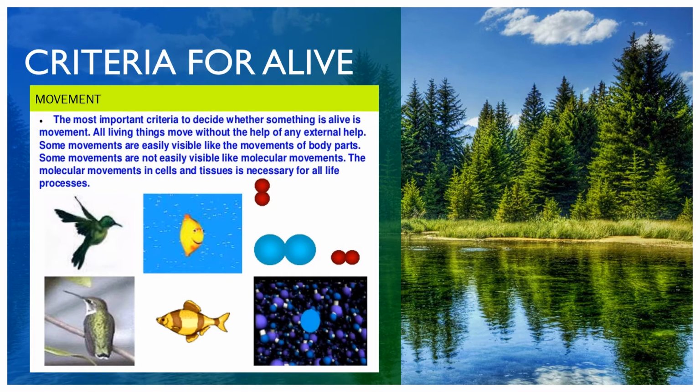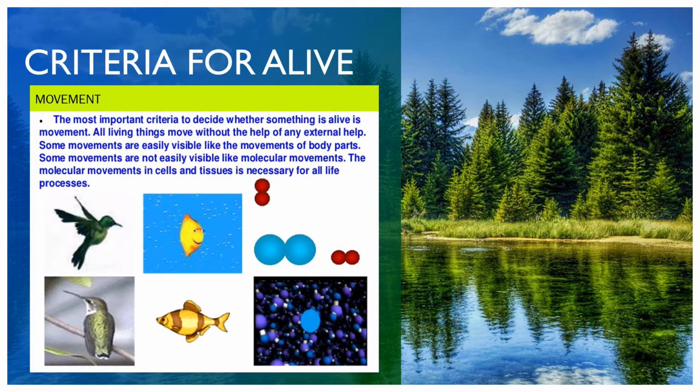Now, the movements in cells and tissues are necessary for all life processes. Here in the picture, a bird is flying. That is a movement, but that is a visible movement. A bird is there, a fish is there, and whenever these organisms move, they are easily visible. But in two pictures here, there are small round molecules. When they move, we cannot detect them with our naked eyes.